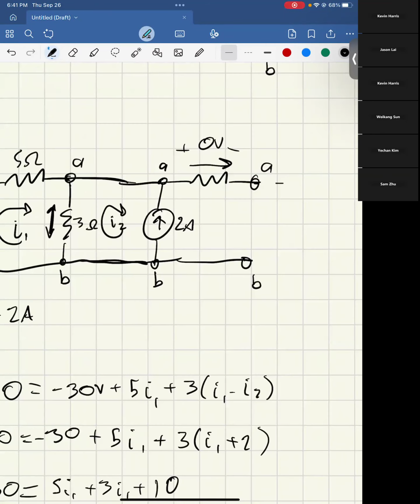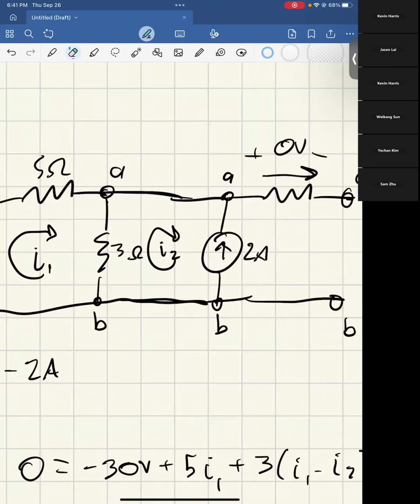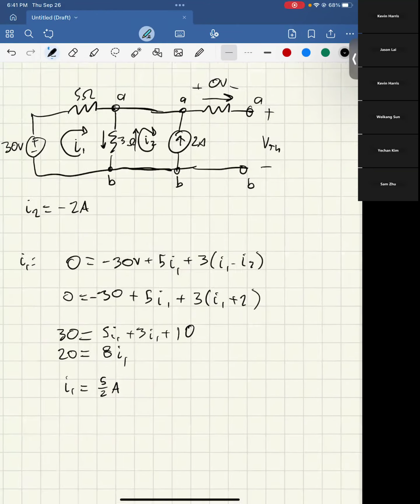Now we want to find the voltage between A and B. I'm going to say that A is positive and B is negative. This will be our VTH. If I want going from top to bottom to be positive voltage, then I1 is positive, and if I1 is positive and I2 is negative, that matches what we want.